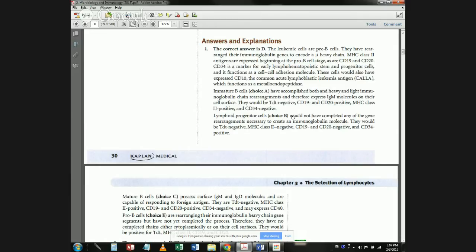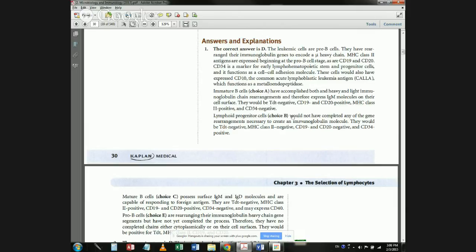Okay, then we go off into pre-B cells, who have rearranged their immunoglobulin genes to encode a mu heavy chain. The MHC class 2 antigens are expressed beginning at the pro-B cell stage, as are CD19 and 20. CD34 we already know means just lymphohematopoietic stem cells and progenitor cells, and it functions as a cell-to-cell adhesion molecule.